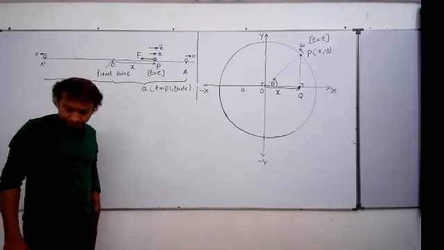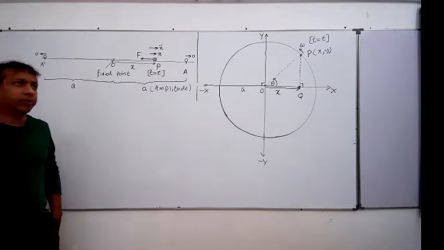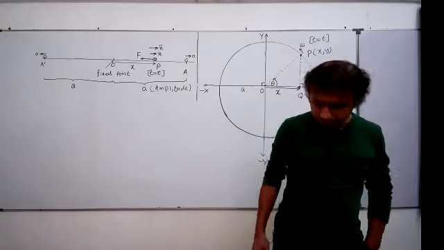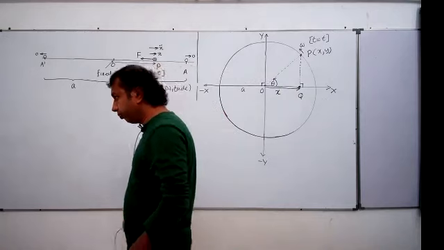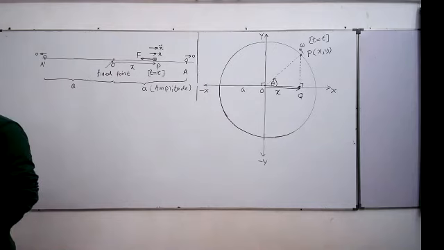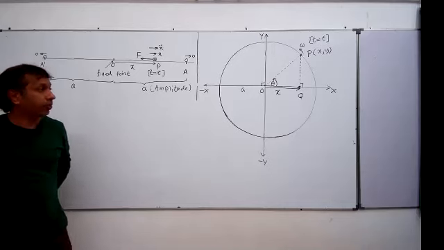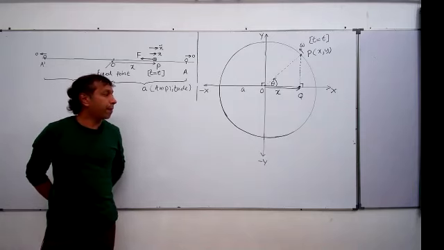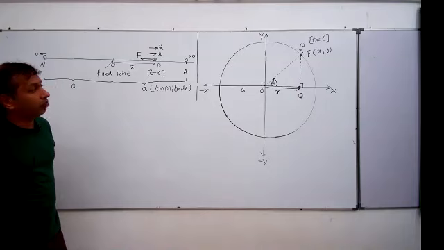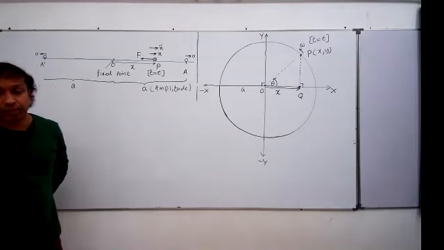Write down: let the perpendicular foot drawn from P on the x-axis be capital Q.